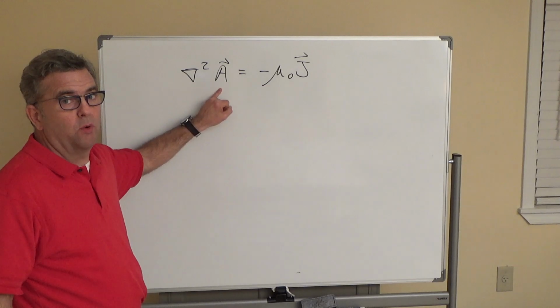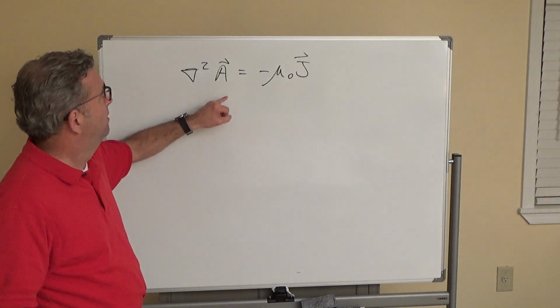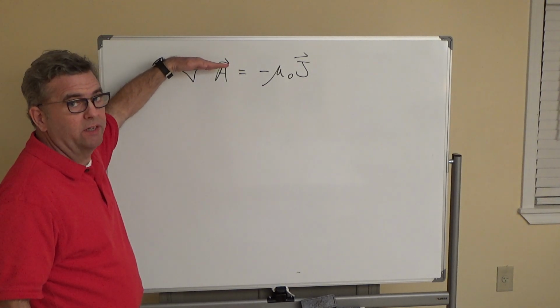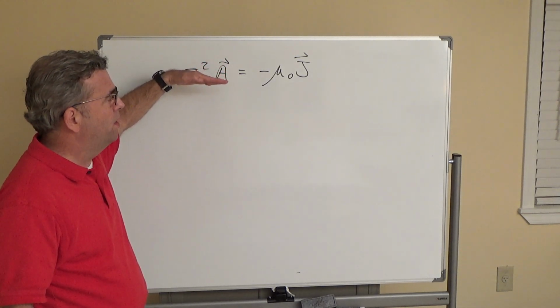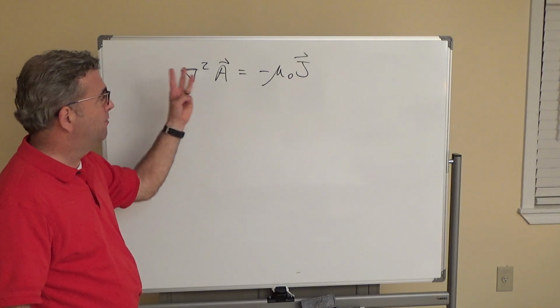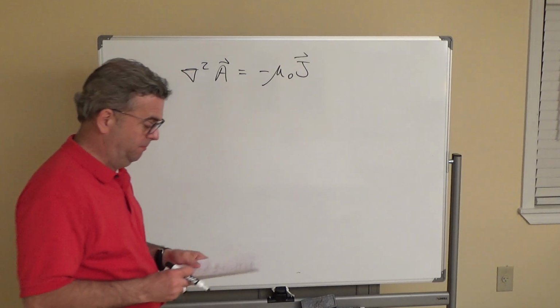This is a vector equation. You have the magnetic vector potential with the x coordinate, the y coordinate, and the z coordinate. So you have three equations to solve here.